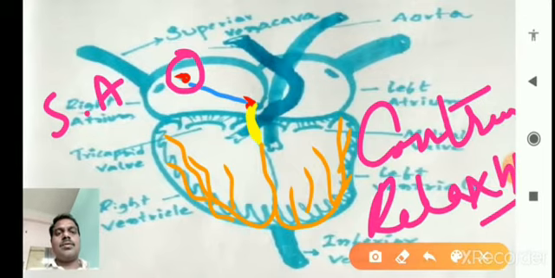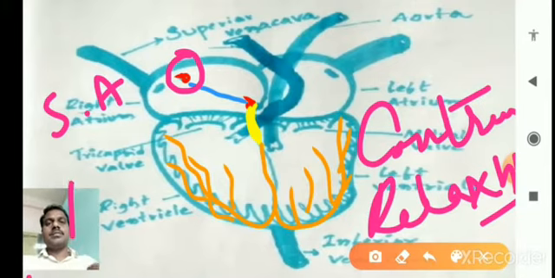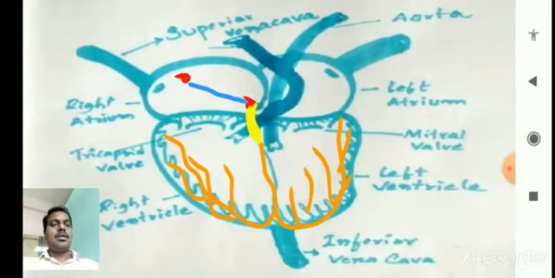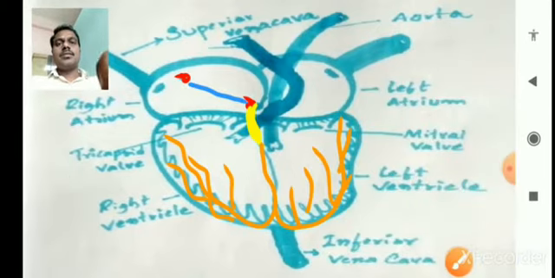Contraction means the heart becomes a smaller size, and relaxation means the heart returns to its own size. Contraction is very important in the heart, and at the same time relaxation is also very important.